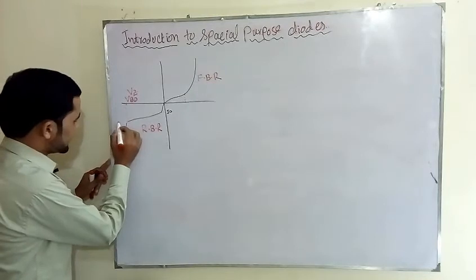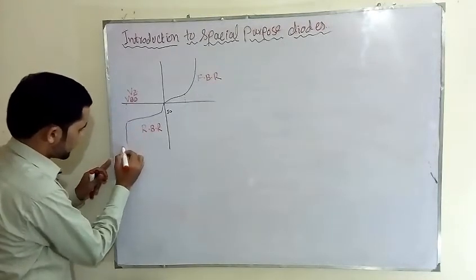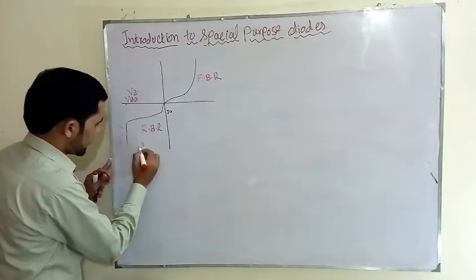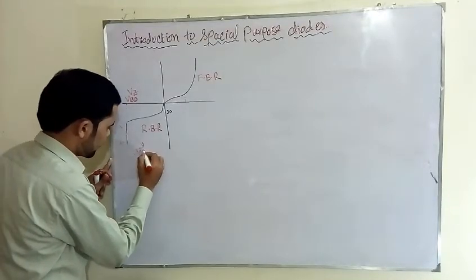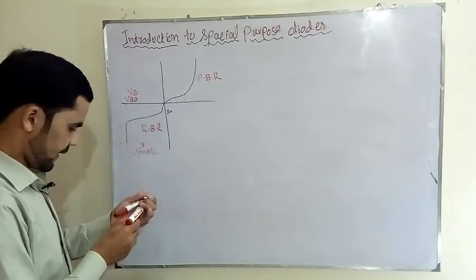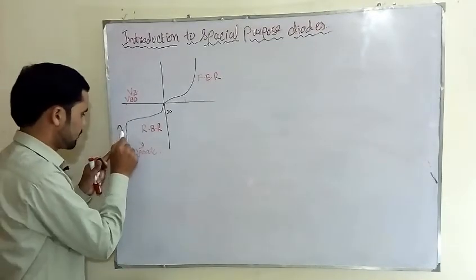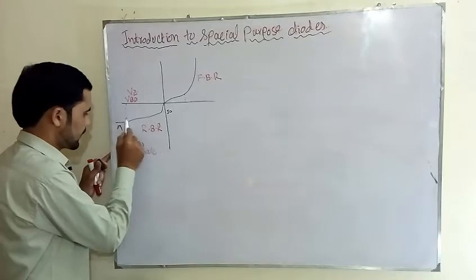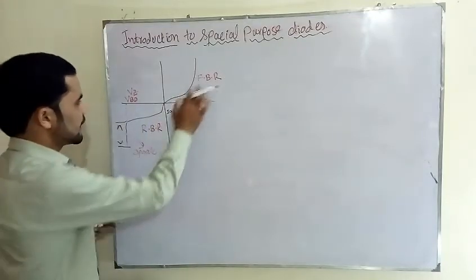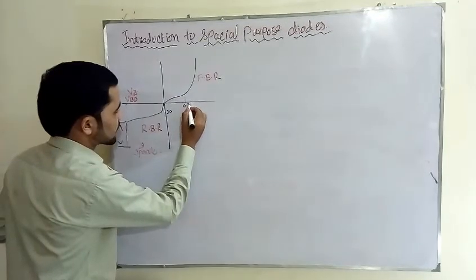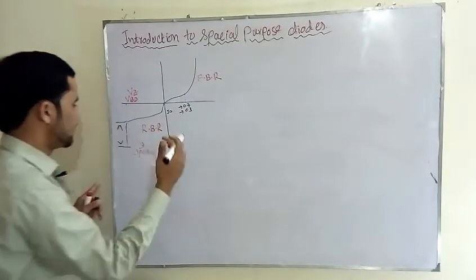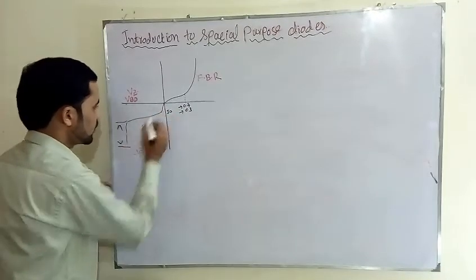This is the region where the Zener diode operates. You must know about this operation. In forward biasing, the threshold is 0.7 or 0.3 volts in case of different materials, and this is I out.